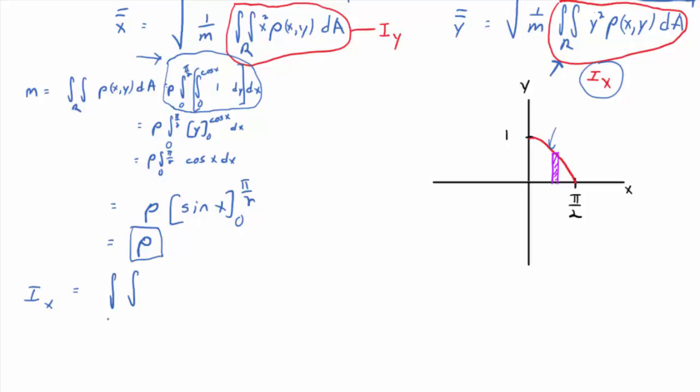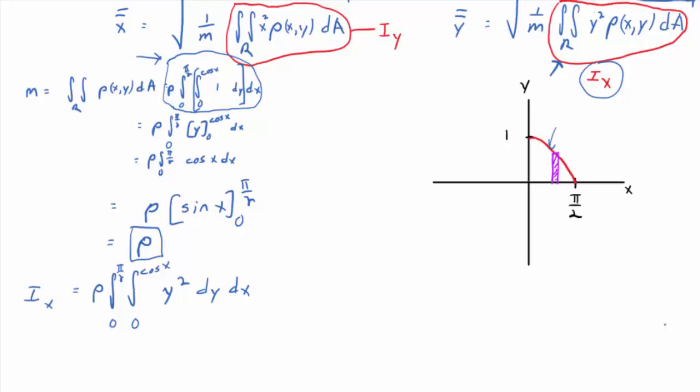So 0 to pi halves, limits of integration don't change, 0 to cosine x. And then we're going to plug in y squared. The rho of xy is a constant, so we can bring that out. And then dy dx.